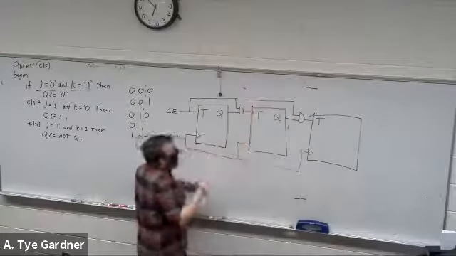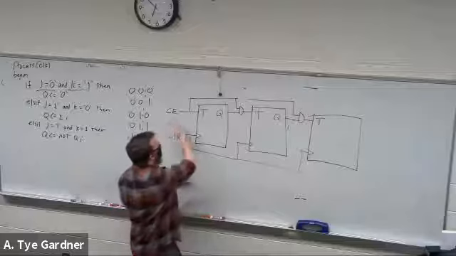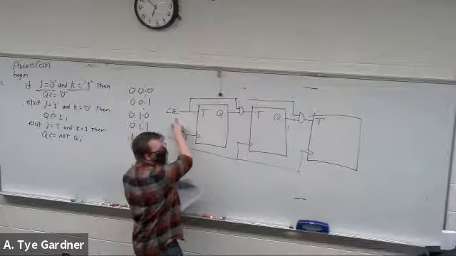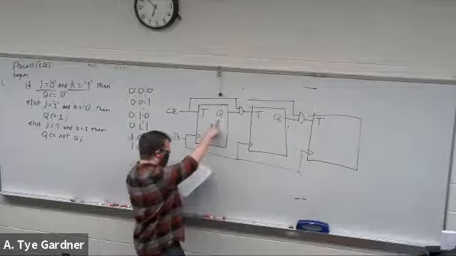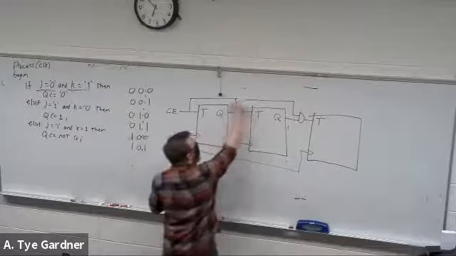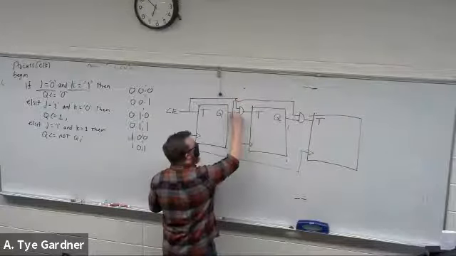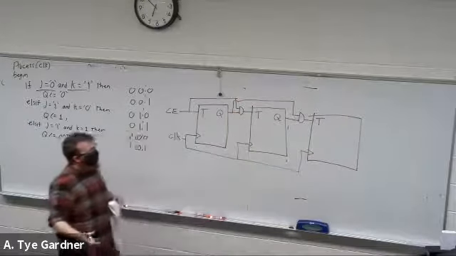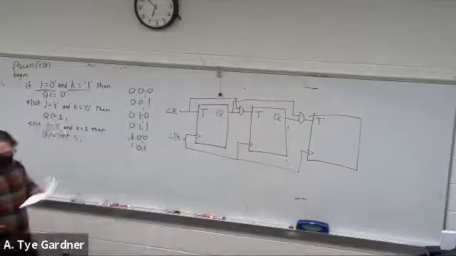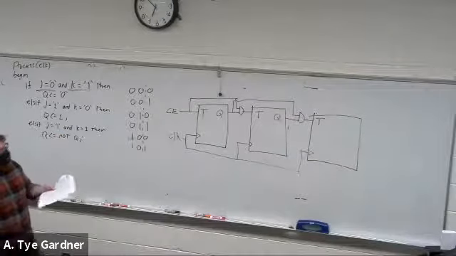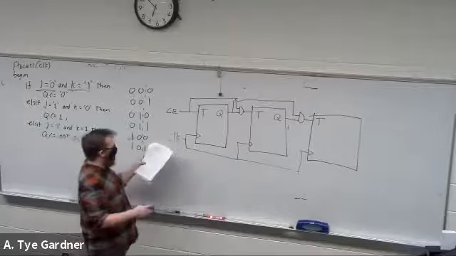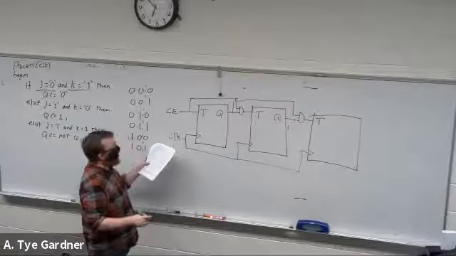But in the second one, I don't necessarily want this clock enable because I only want to change based on this guy. So let's take Q as our output and say that if Q has happened, make sure I did this right.